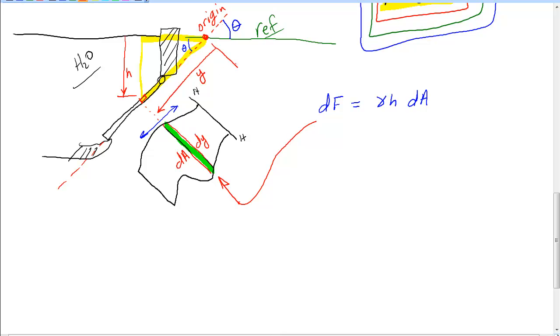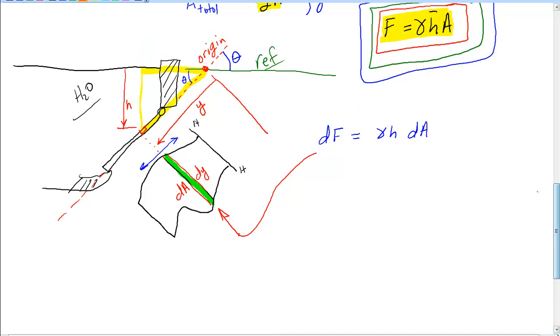Well, first of all, a moment is always referenced to a particular location. That location seems to be obvious in our case. It just so happens that it's the origin. So we're going to use y.